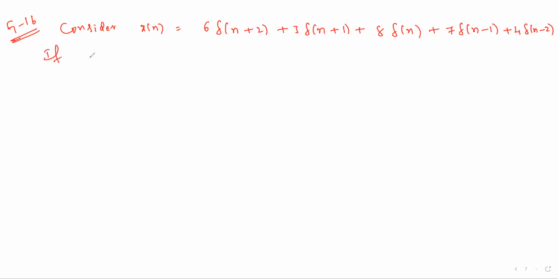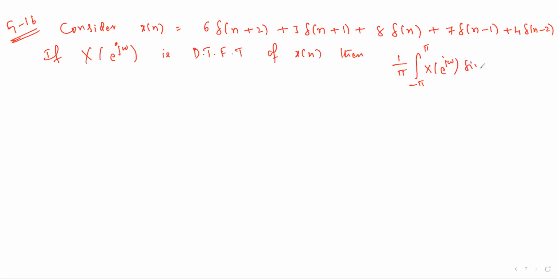If x of e to the power of j omega is the DTFT of x of n, then one by pi integral from minus pi to pi of x of e to the power of j omega sine square 2 omega d omega is what?